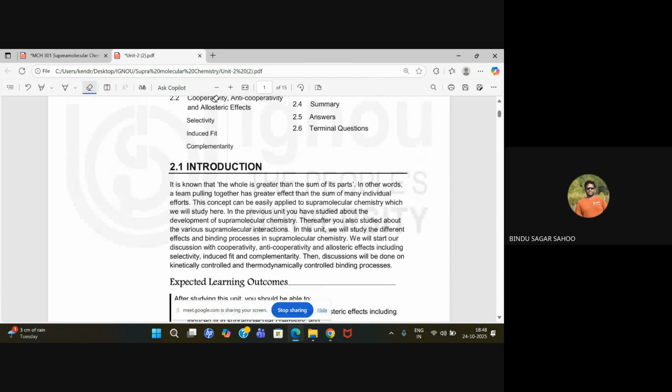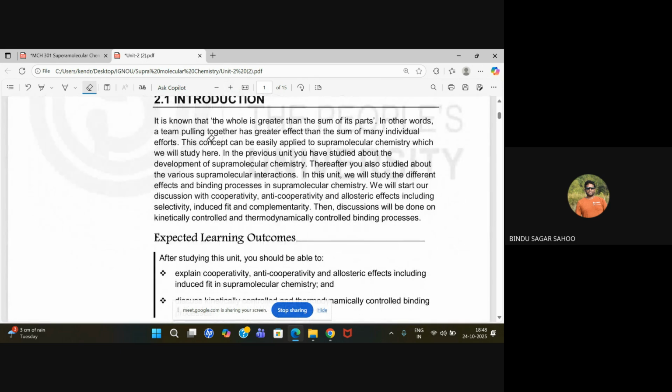This concept can be easily applied to supramolecular chemistry, and these types of interaction are called the cooperative effect. So basically, we'll discuss the cooperative effect, the anti-cooperative effect, and allosteric effects.